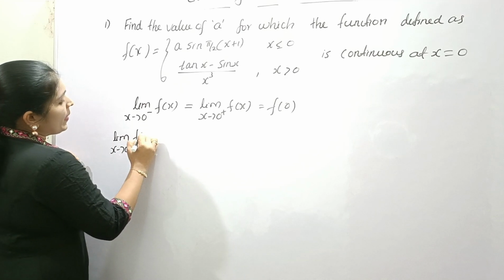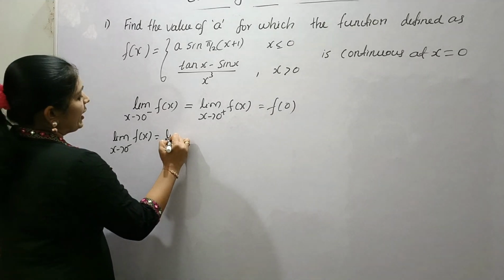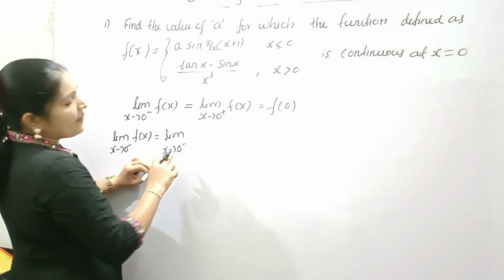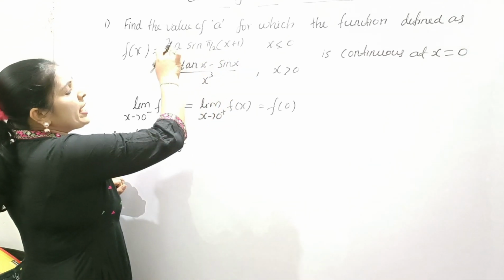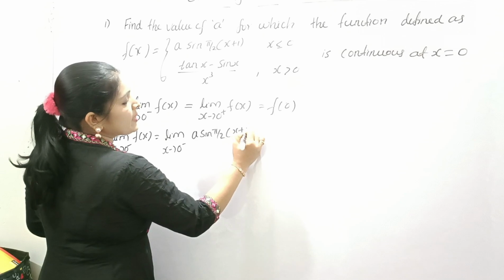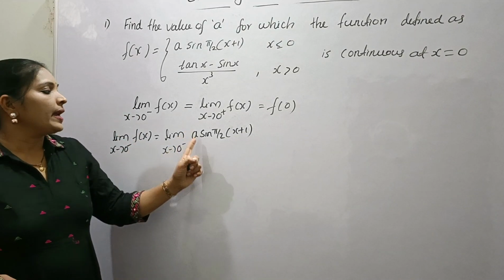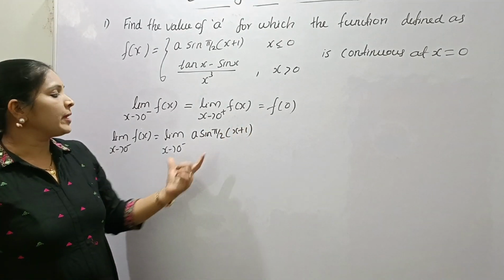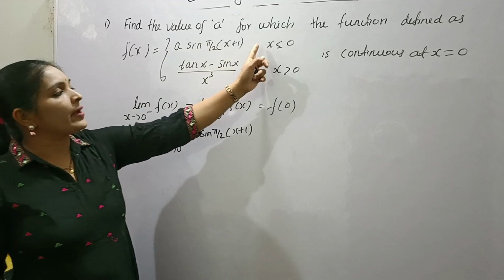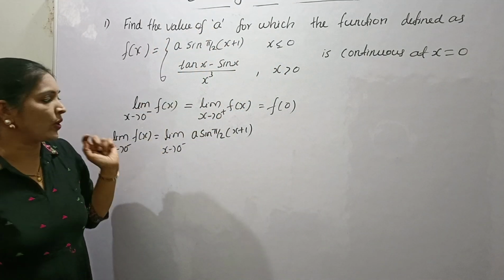Limit x tends to 0 minus f of x is equal to limit x tends to 0 minus a sin pi by 2 x plus 1. Why? Because when x is less than 0, the function is defined as f of x is equal to a into sin pi by 2 into x plus 1.